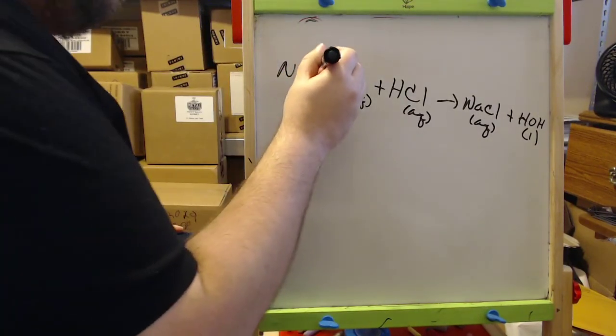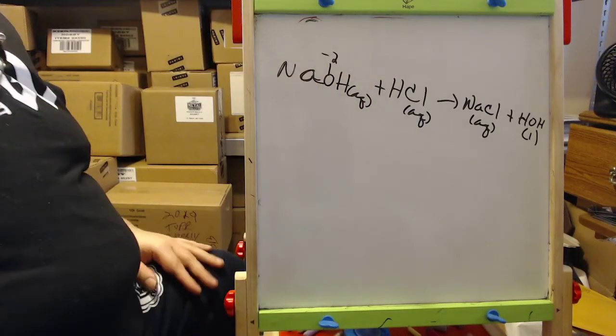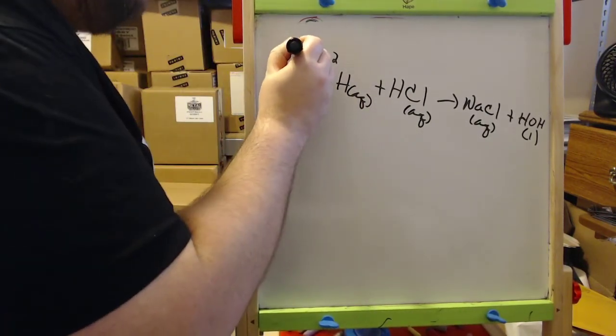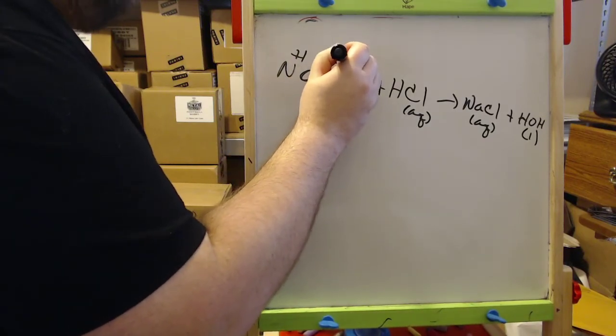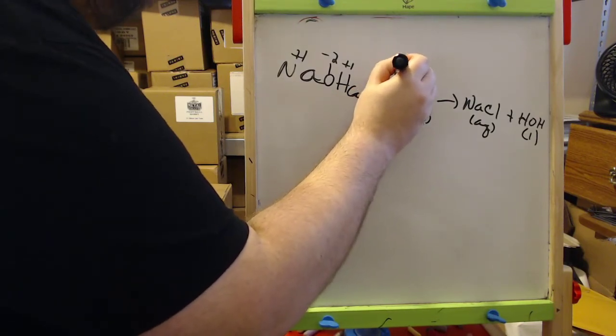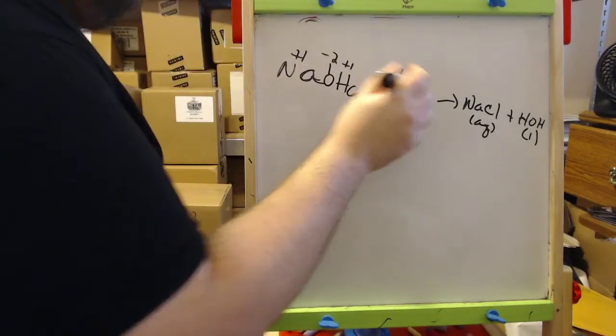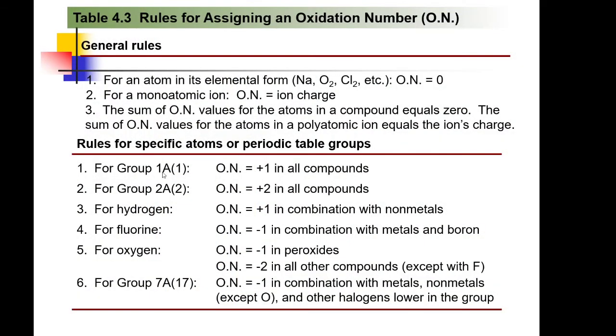Well, let's look at it. Oxygen's a -2. And if we look at our rules, group 1 is always +1. Hydrogen bonded to a nonmetal is a +1. Group 17, go back to your table, group 17 down at the bottom here, -1.